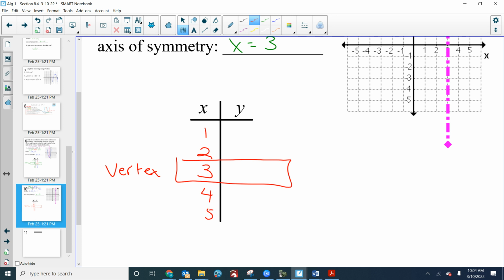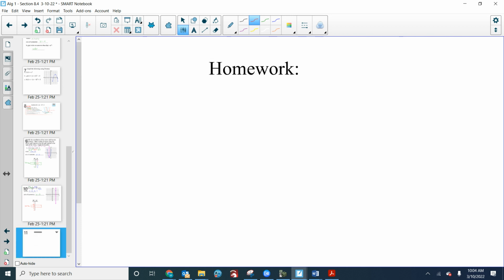Can you guys take it from there? Yeah. We're going to run out of time. No homework? I still do this problem for homework. Yeah, just this one problem. Is that a worksheet?